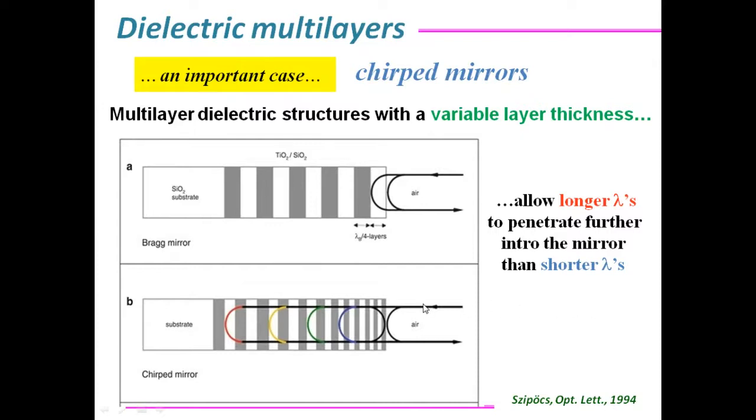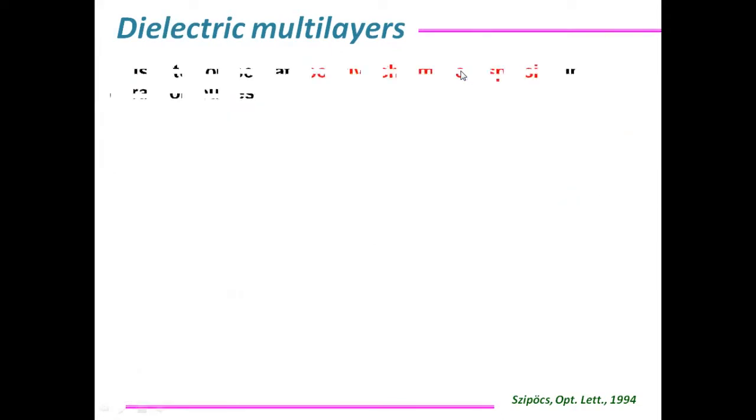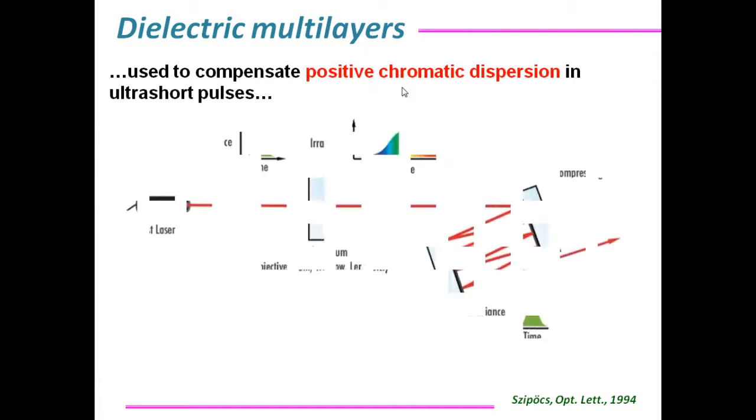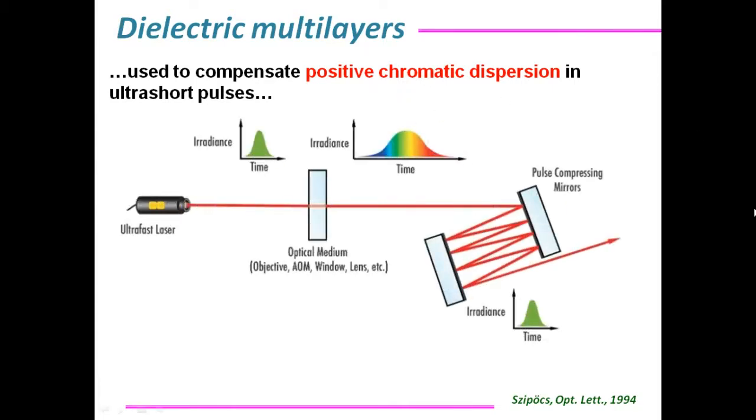It's important because the main use of these chirped mirrors is to compensate positive chromatic dispersion in ultrashort pulses. For example, here we see this configuration. We've got an ultrafast laser, as previously shown, and it produces a million pulses like this per second, or even more.